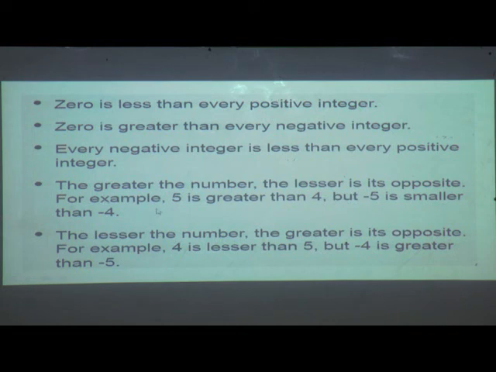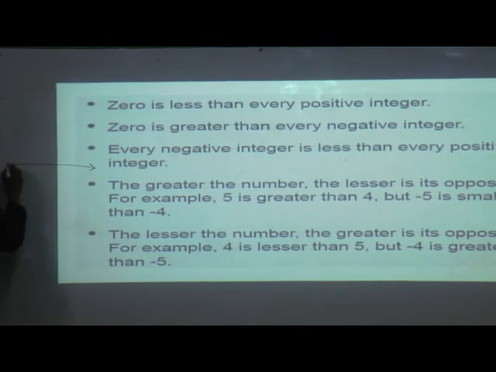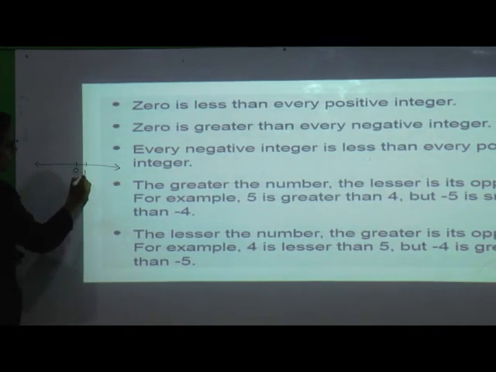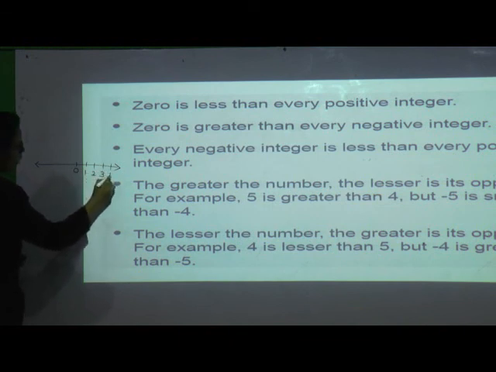To see this, we can write an example. You can see here, this is the number line, and if we want to represent, here it's 0, 1, 2, 3 and 4.